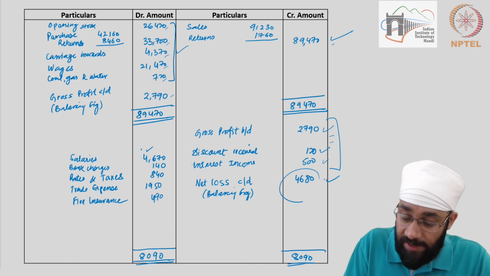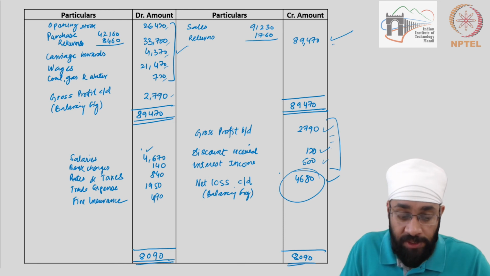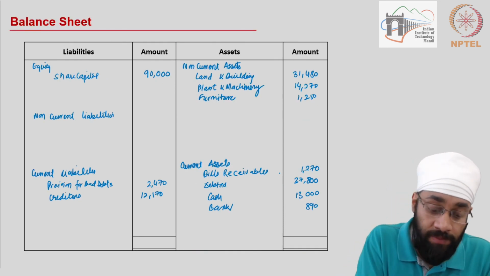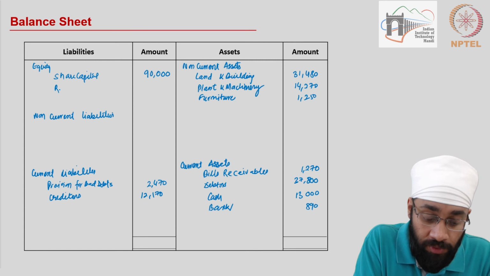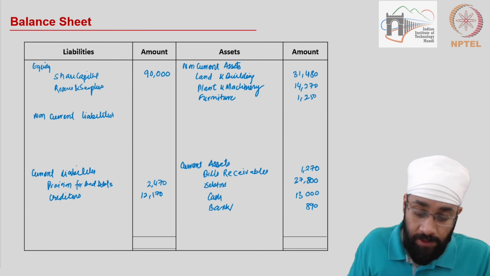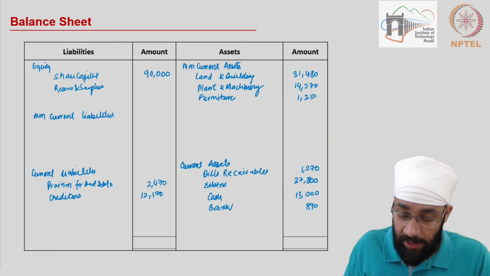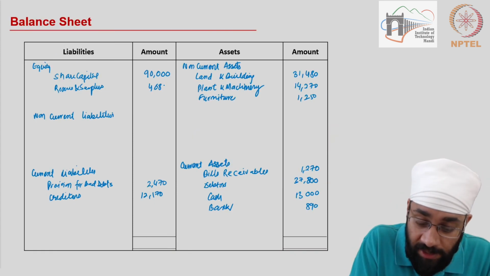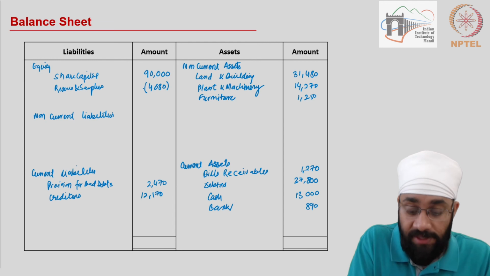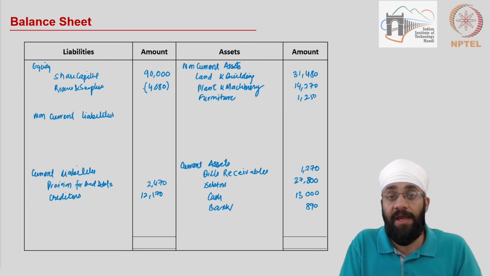So now let's take this number, net loss 4680, and transfer this to the balance sheet. So this is going to go to reserve and surplus. 4680, and I'm going to put brackets around it, which indicates that this is a negative number.